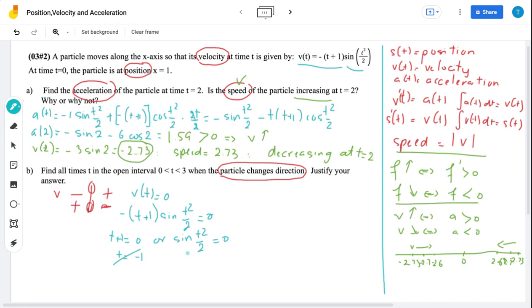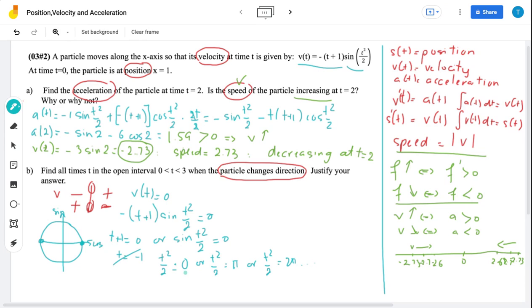Then we can solve the equation like this. If you look at the unit circle, with the sine axis and the cosine axis, sine equal to 0 means it goes to this position or that position. So t squared over 2 is equal to 0, or pi, or 2 pi, and so on.